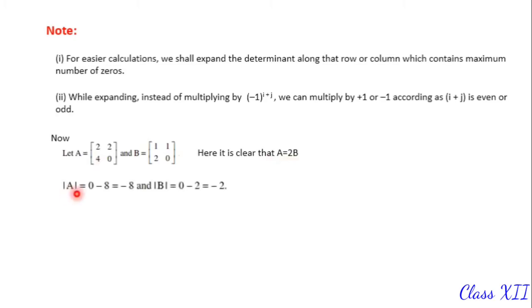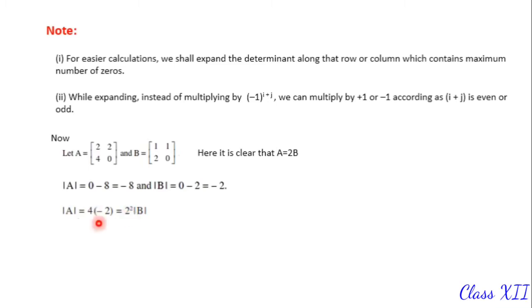Next, determinant A, if you calculate, just multiply the diagonal elements. 2 into 0 minus 4 into 2 is 8, so that is equal to minus 8 we have got. And determinant B, if you calculate, 1 into 0 is 0, minus 2 into 1 is minus 2. That is equal to minus 2 we have got. Means determinant A is equal to minus 8. Minus 8 we can split as 4 into minus 2, and this 4 we can write as 2 square.